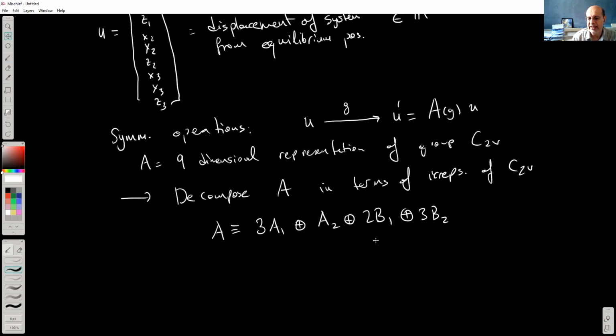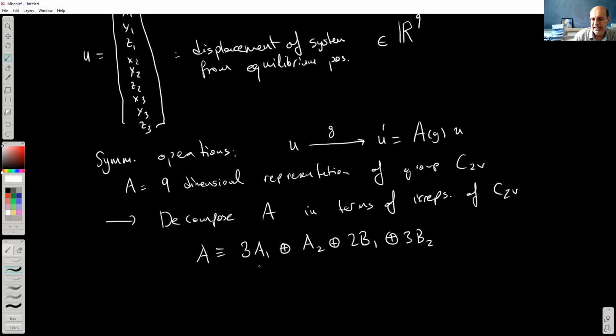Each letter represents a particular subspace of this huge 9-dimensional vector space. In each of these subspaces, the oscillation pattern has simpler properties, right? So if I want to choose normal mode coordinates, I have to use these subspaces. That's what we need to do, okay?